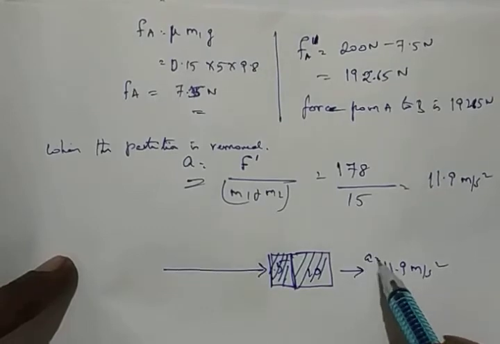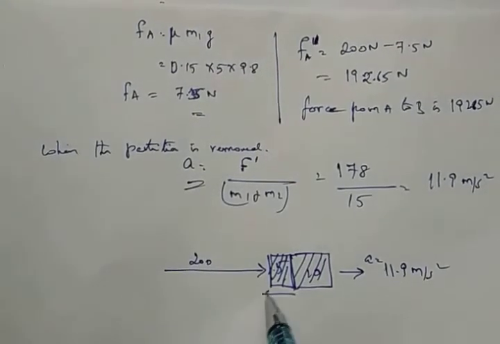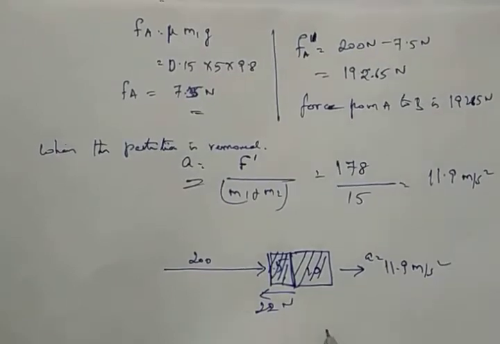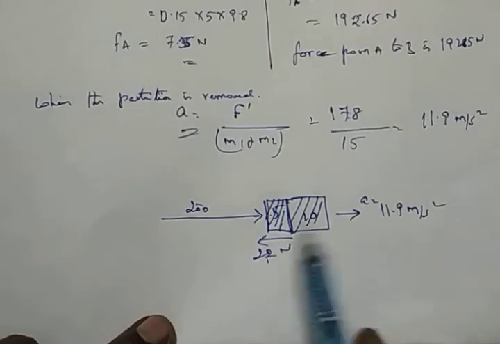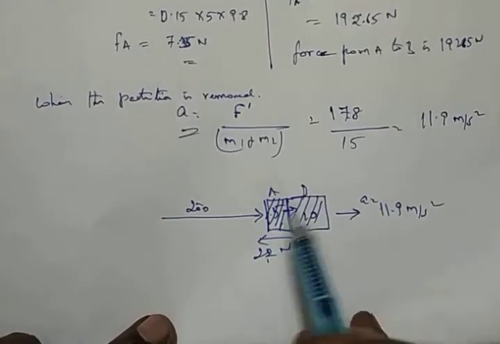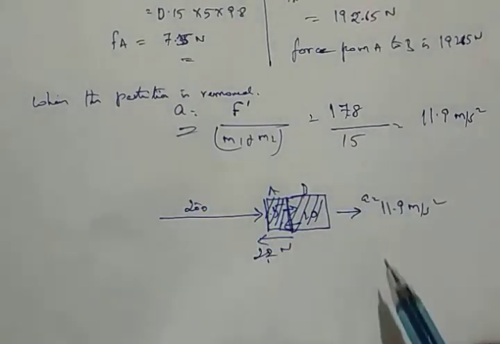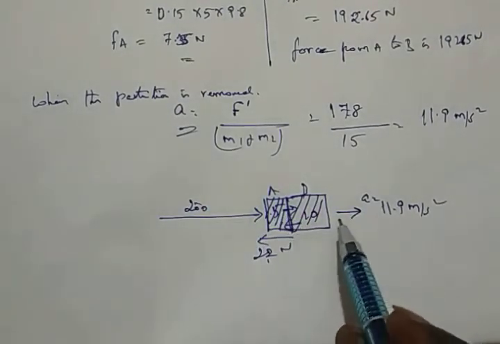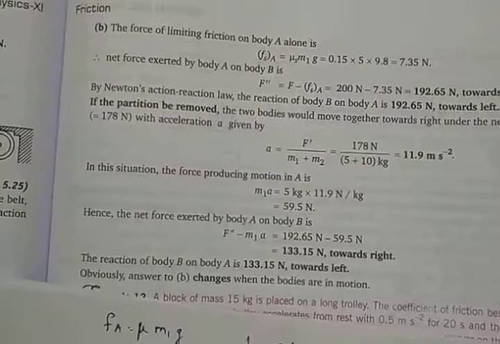The 200 was there, and this is opposing it, 22 newtons, because of the frictional force. So subtracted it is 178, so it is moving. So what is the force from A to B, and from B to A? Now we can calculate the force here and there. We can easily calculate it, and the calculation is given here.